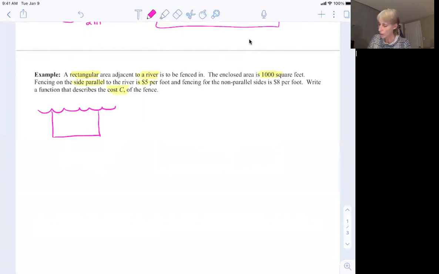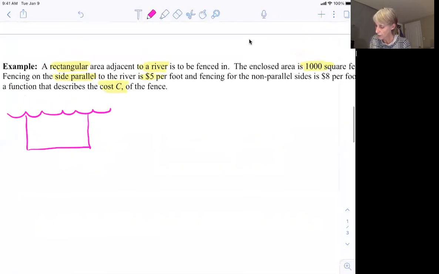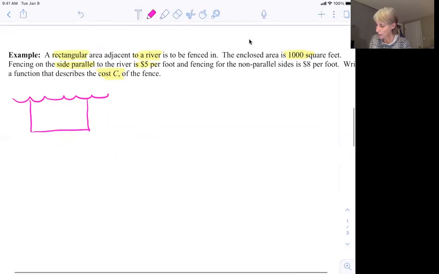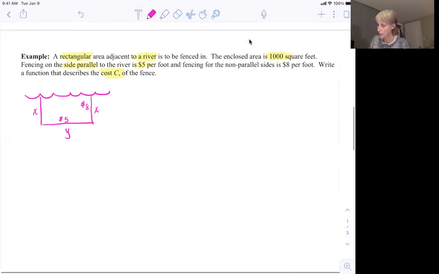Okay, so I know this is weird, but when I do problems like this, I usually reverse it. I call that Y, and then that would be my X. So this fencing is $5, and this fencing is $8. Write a function that describes the cost.